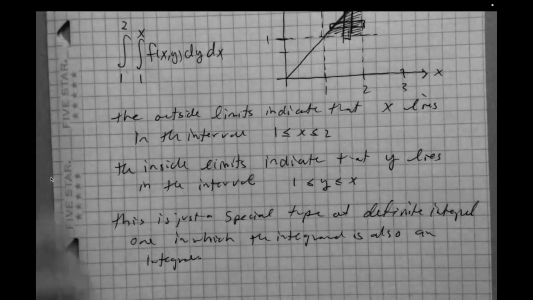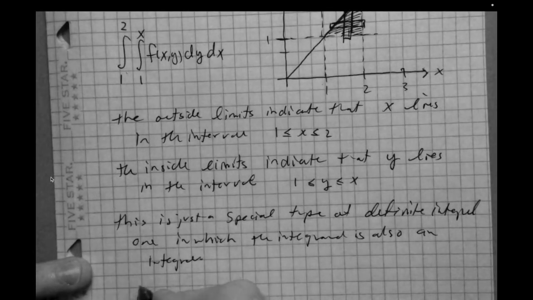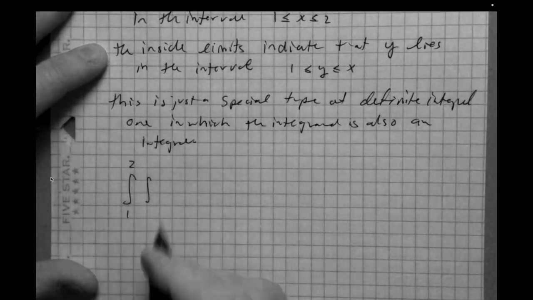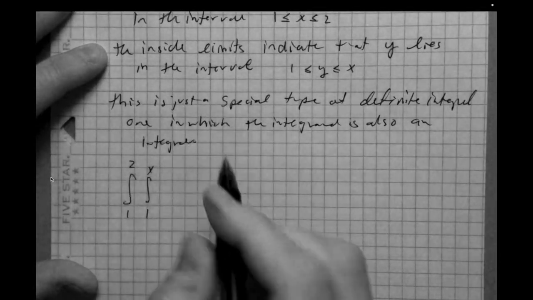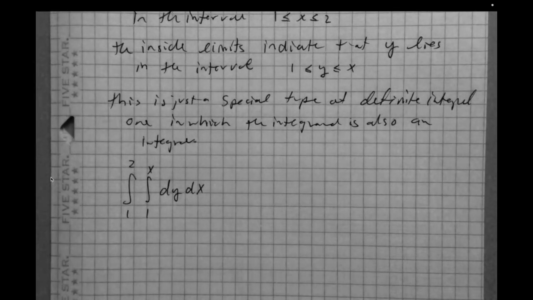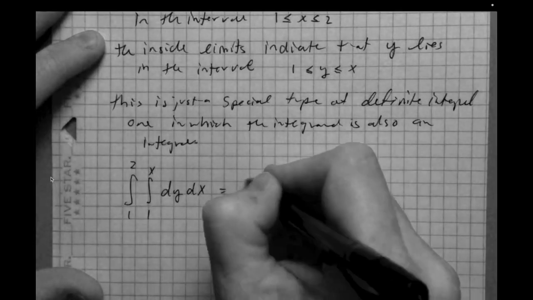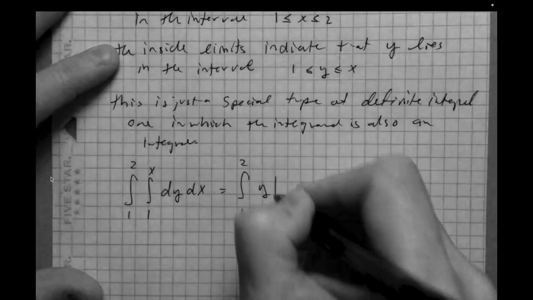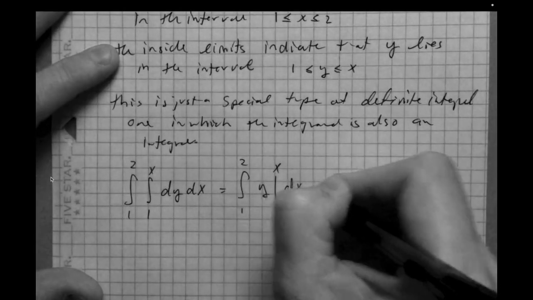Could we integrate this? You bet. We could do this one: integral from 1 to 2 and from 1 up to x of dy dx. What would we get? We would get the integral from 1 to 2, and then y going from 1 up to x, dx.